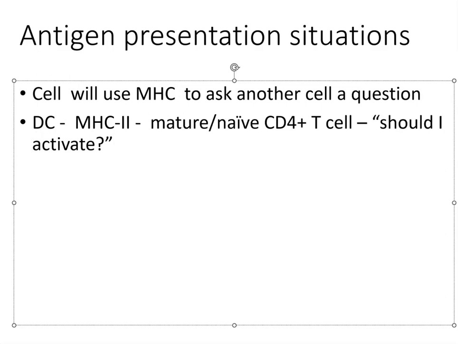So a dendritic cell is helping a helper T cell figure out whether to activate or not. So it finds mature naive T cells and shows them all the antigens it's been able to collect, hoping that one of those mature naive cells will actually recognize an antigen. And again, T cell education has killed all the T cells that might recognize a human protein.